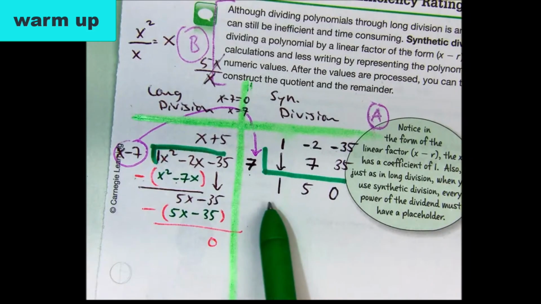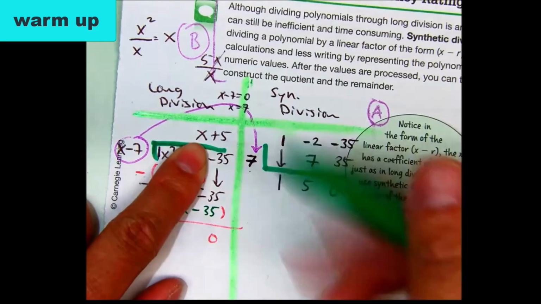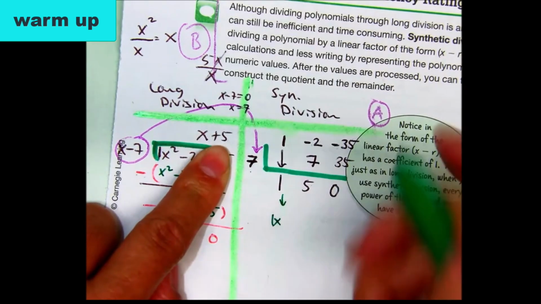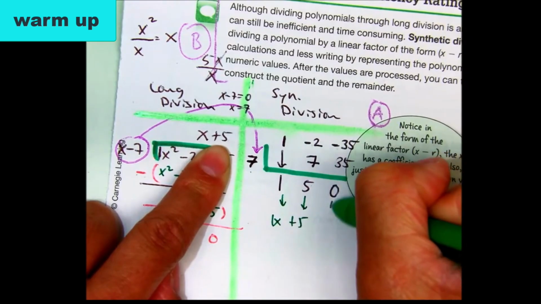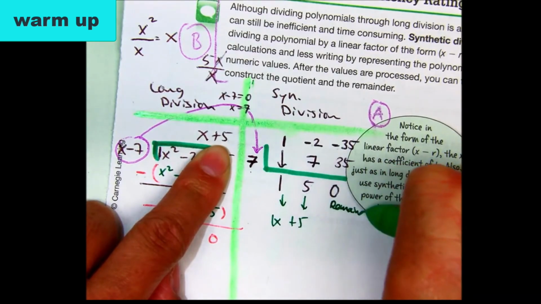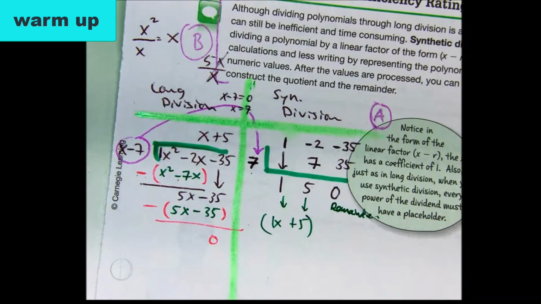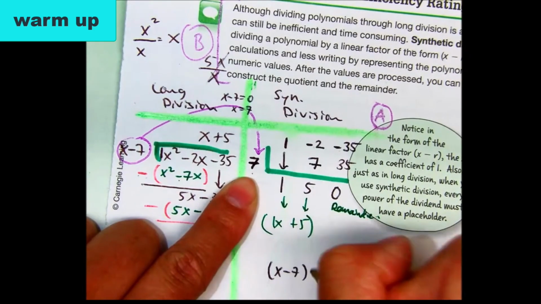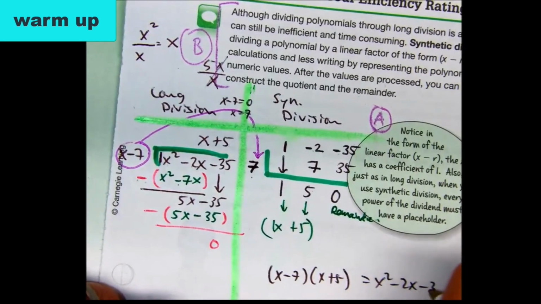Okay, now it's 1 less degree, so this does not represent x squared, it represents what? X. And this one represents the 5. And this one is the remainder. And that's your answer. So essentially x minus 7 times x plus 5 equals x squared minus 2x minus 35.